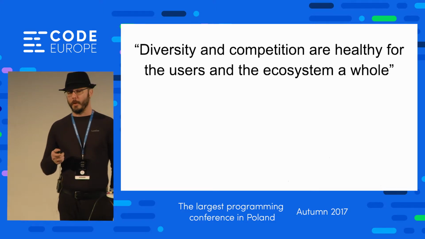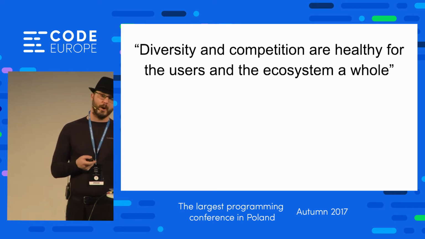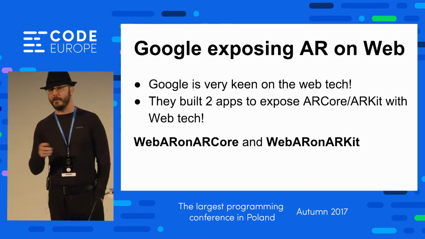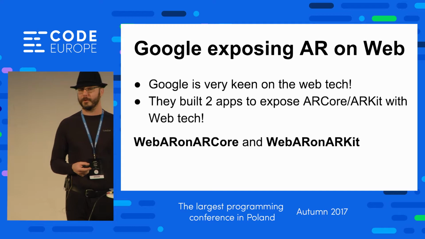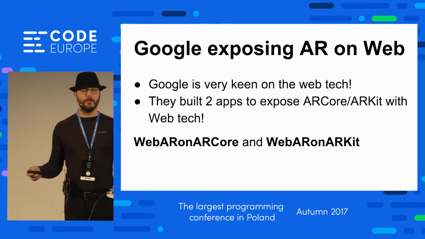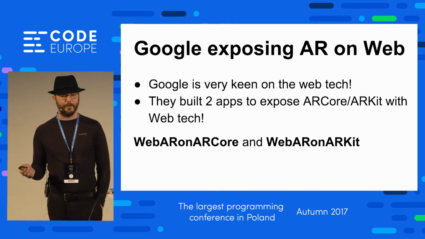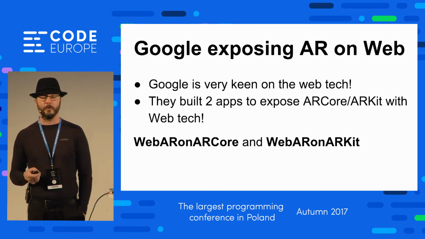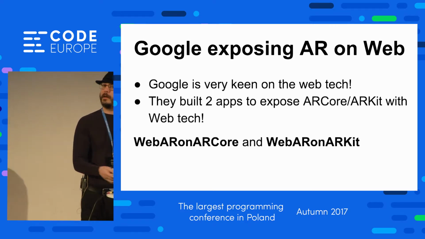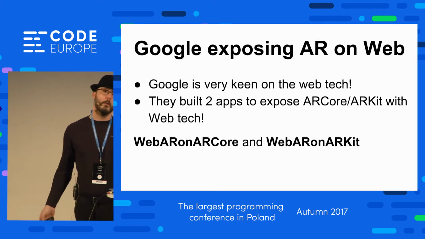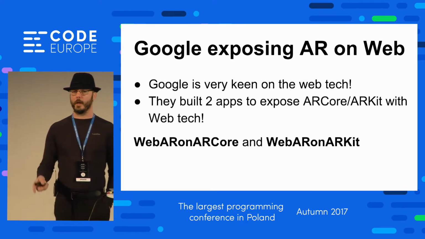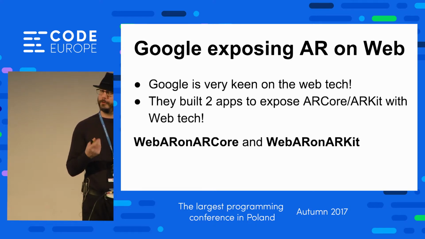And additionally, Apple was no longer a monopoly on augmented reality. That means that Google and Apple will fight together for the benefit of the user. When you are doing economics, diversity and competition are healthy from a user point of view, or for the ecosystem as a whole. So the fact that Apple released ARKit pushed Google to release ARCore, and now they're fighting together, which is very good for us.